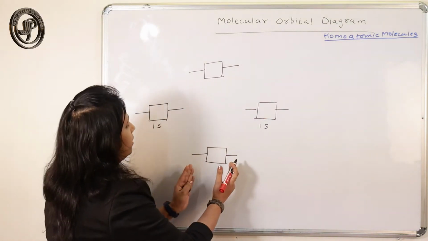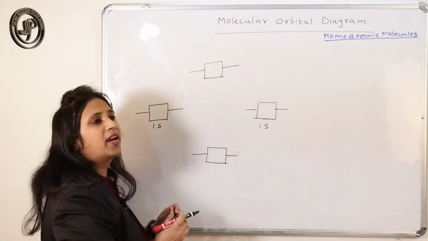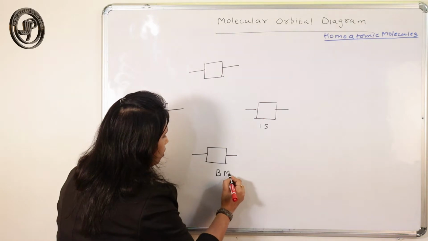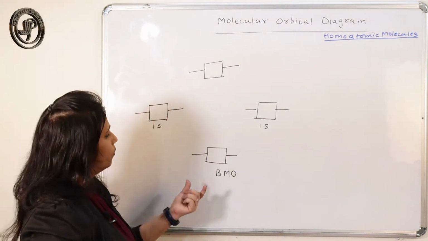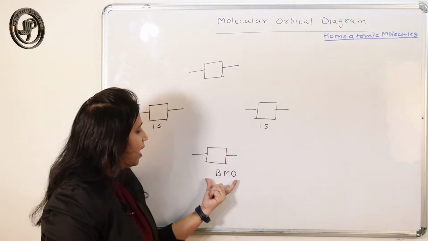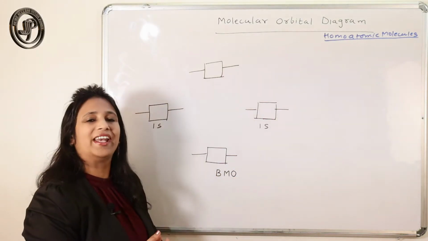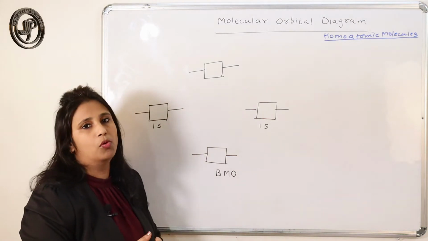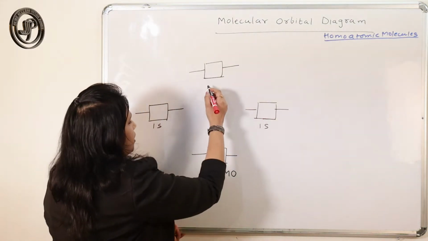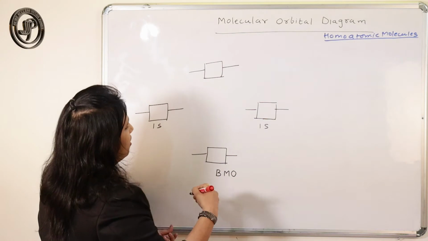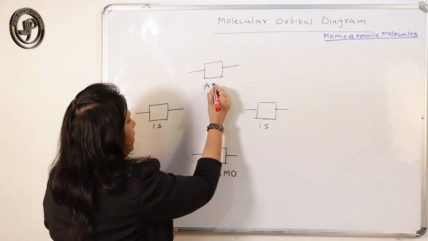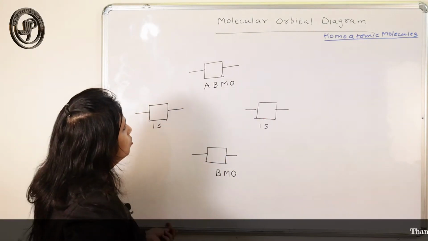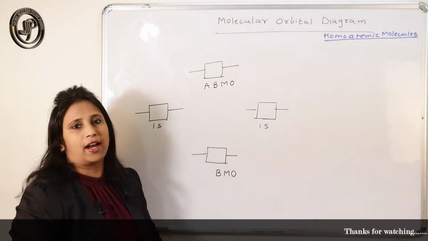The one that I have drawn at the lower end is called the bonding molecular orbital. The one which is lower has low energy, so more stability, and the other one on the higher side is called the anti-bonding molecular orbital. What is the characteristic of that orbital?